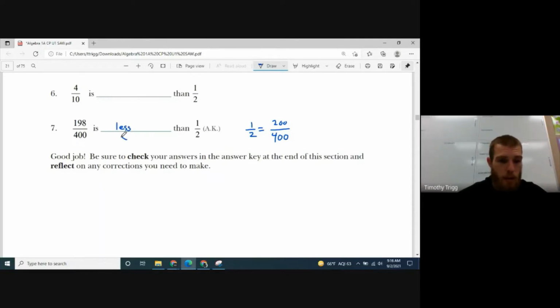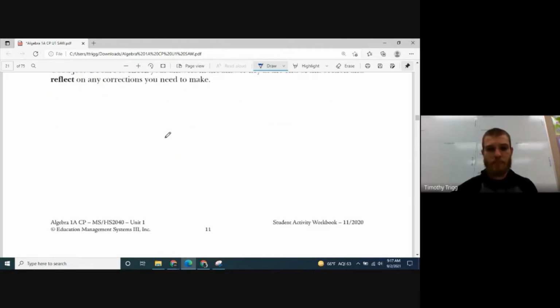Now, I do want to talk about, don't be confused just because these numbers here in this fraction are bigger, right? That doesn't mean the fraction is bigger. Okay. So getting half of the questions right is actually more than getting 198 out of 400 right. Okay. I'd rather have half of a cookie than 198 out of 400 of a cookie, if that makes sense.